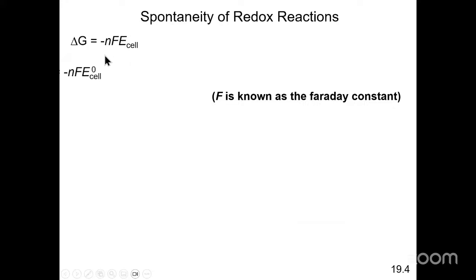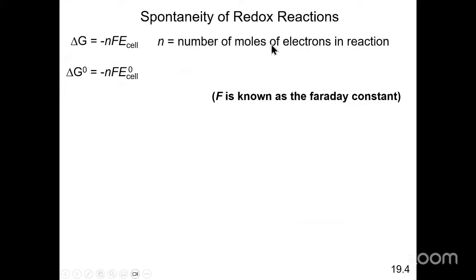Now, N is the number of moles of electrons that is transferred from the substance which is undergoing oxidation to the substance which is being reduced. So that's what N is. F is a constant known as the Faraday constant, and it has a value of 96,500 joules per volt per mole, or 96,500 coulombs per mole. I don't know if you have met this term coulomb before.